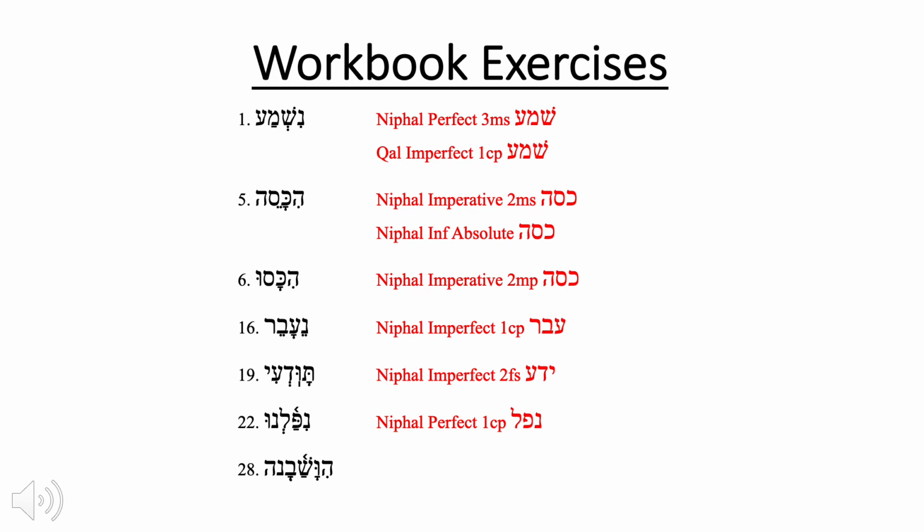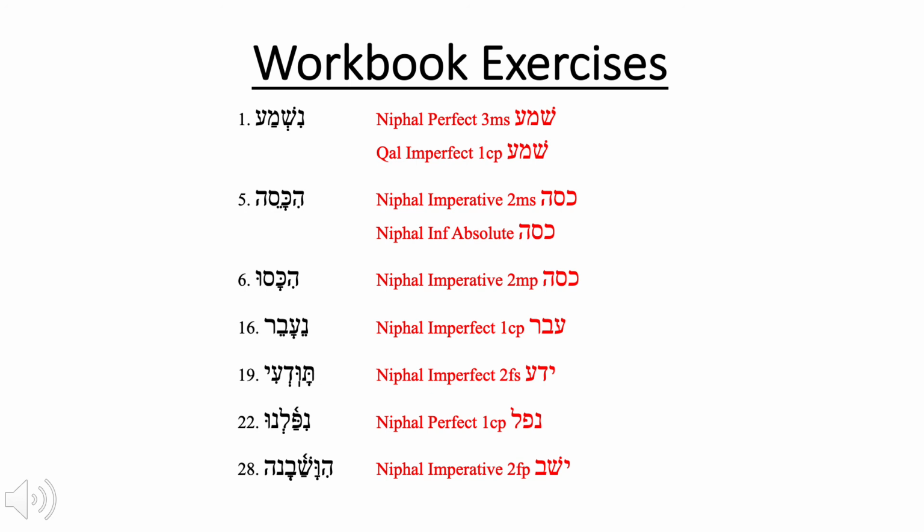Again, you'll notice a hey, and you'll notice a vav with a dagesh in it. Once again, the hey narrows it down to either a nifal imperative or a nifal infinitive.